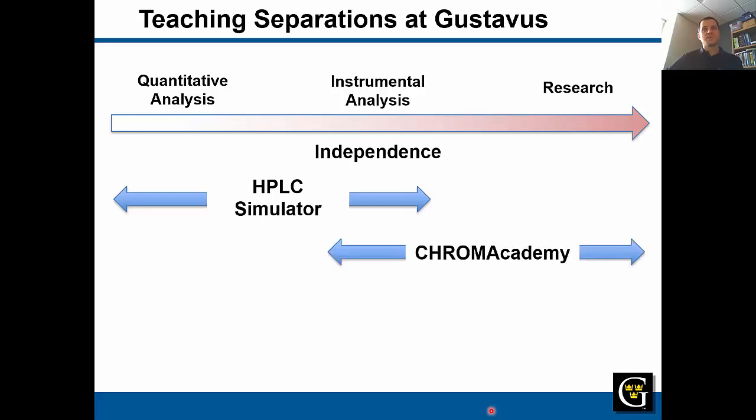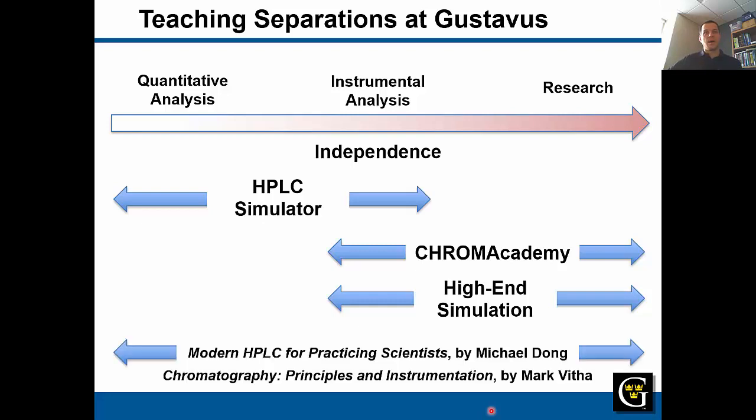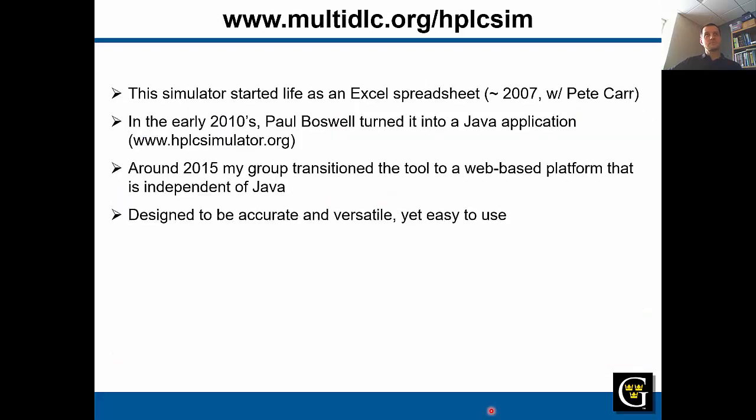However, we certainly use Chrom Academy extensively in the instrumental course and in supporting research learning for research as well. And we also work on some other, I would say, higher end or more sophisticated tools for simulating different aspects of chromatography. And so I use these things, but also complement these tools with a couple of main books that I use for teaching liquid chromatography especially, which are shown here.